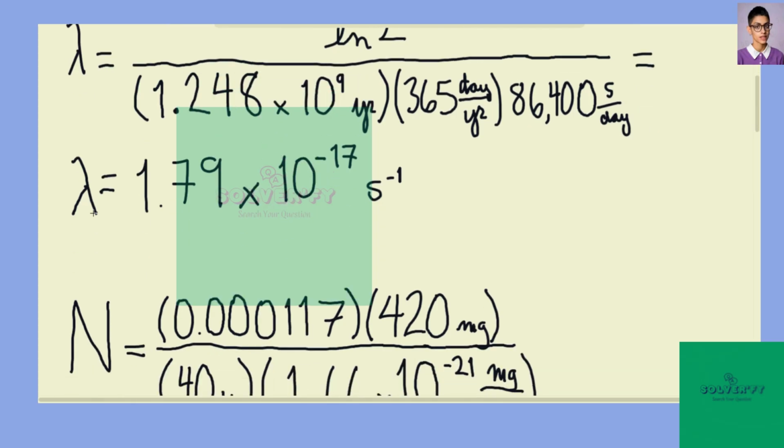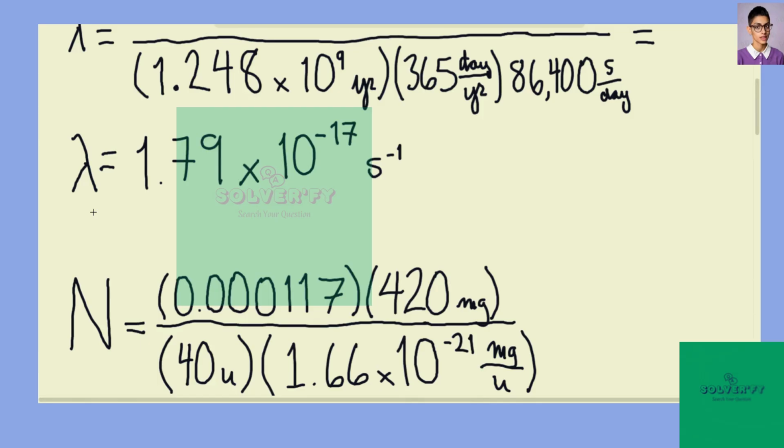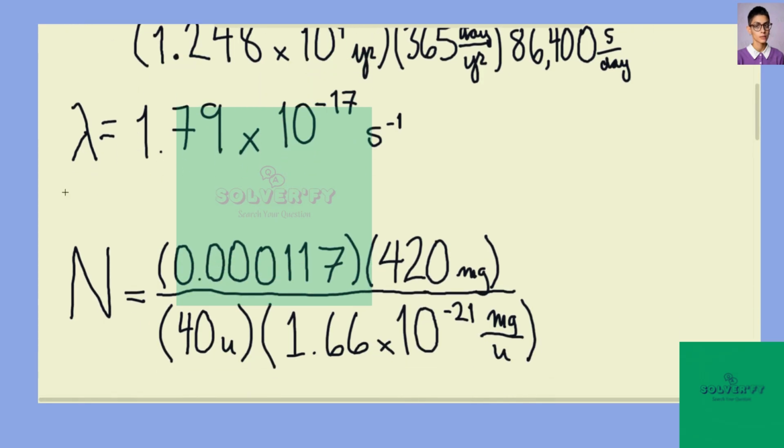Next, we need to find the number of nuclei in our 420 milligram sample of potassium, with the abundance of the potassium-40 isotope. Remember that we were given a percentage of 0.0117.